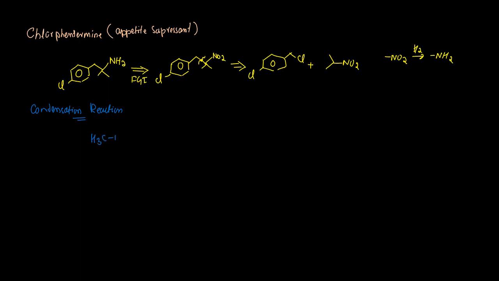Here we have nitromethane, which upon treatment with the base generates an enolate type compound that can add to an aldehyde or ketone, much like in aldol condensation fashion.